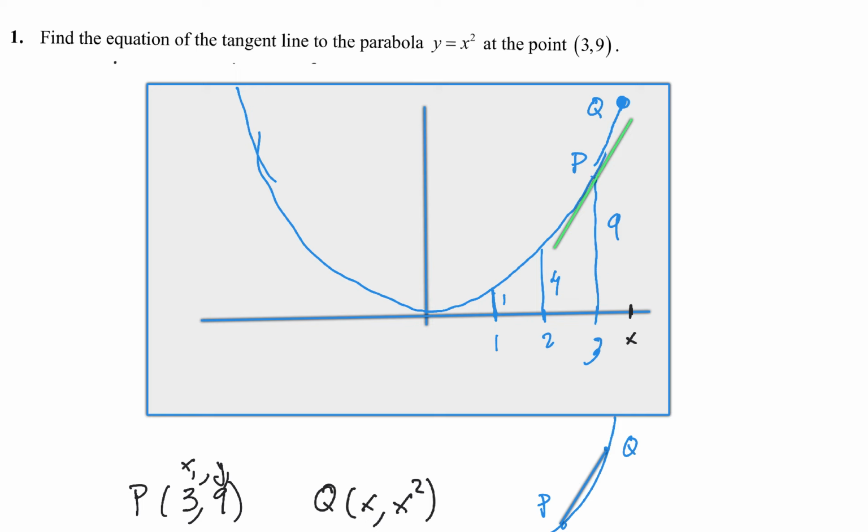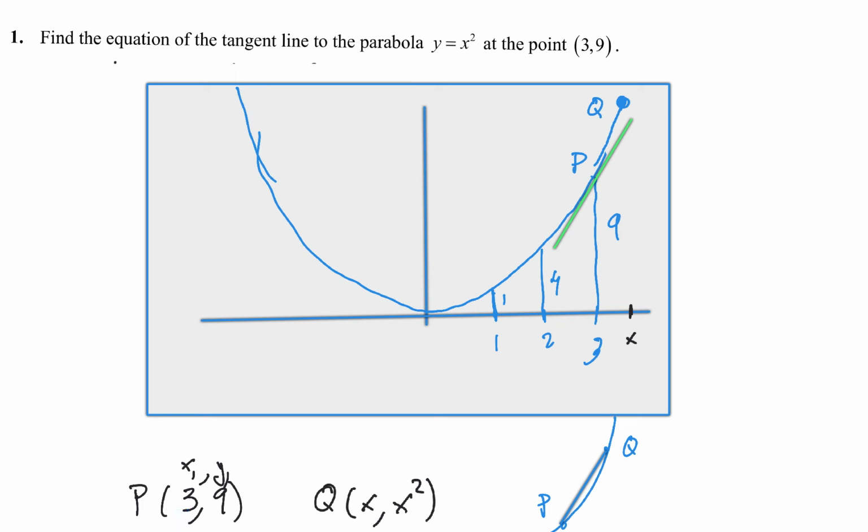And the problem is asking, what is the equation of this tangent line? So P is here, at the point 3, 9.